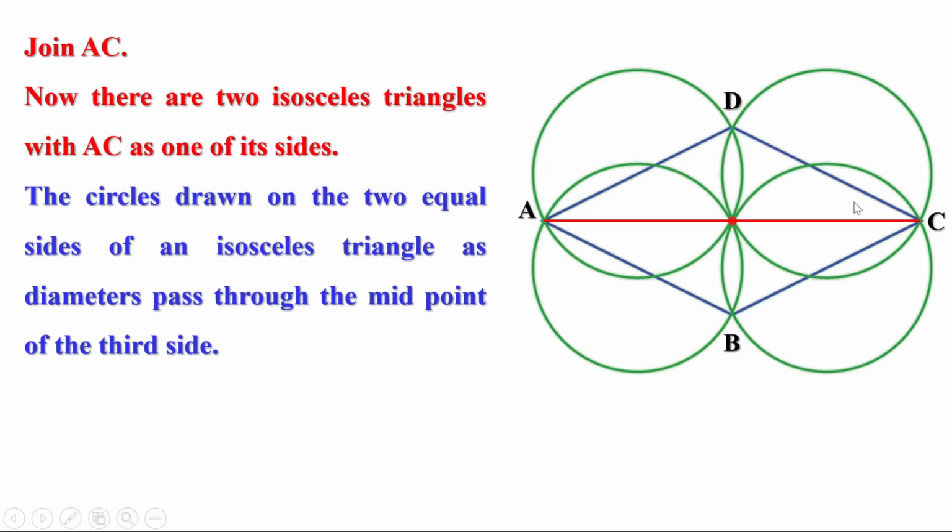Triangle ADC is an isosceles triangle and AD and CD are equal sides. So the circles drawn with AD and CD as diameters pass through the midpoint of AC. In the same way, ABC is another isosceles triangle and AB and BC are equal sides.